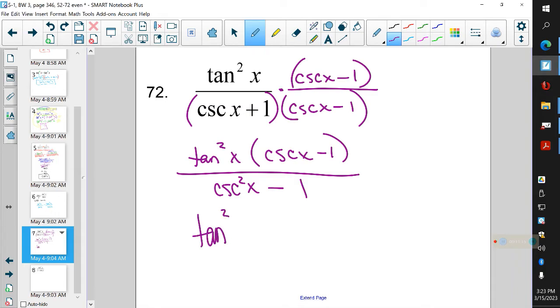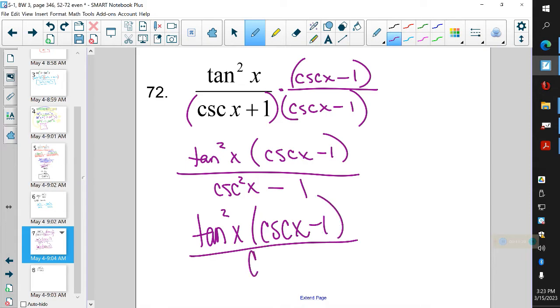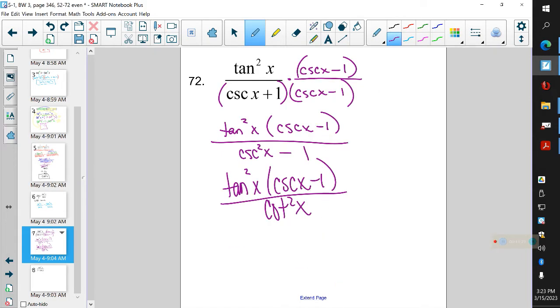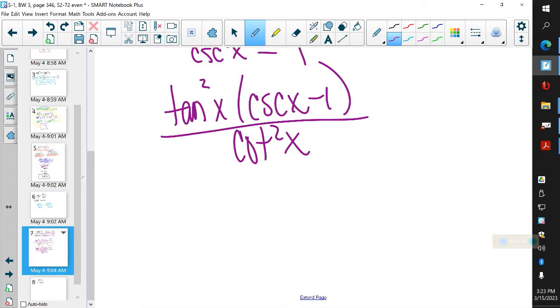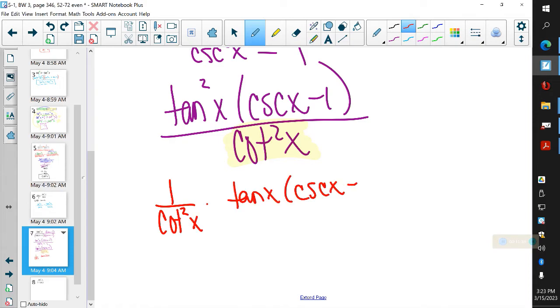So I have the tangent squared of x times the cosecant of x minus 1 all over the cotangent squared of x. Now, your brain needs to recognize that it's still a fraction, but this is in the denominator. So if your brain doesn't like to see it that way, rewrite this as 1 over the cotangent squared of x times the tangent squared of x times the cosecant of x minus 1.